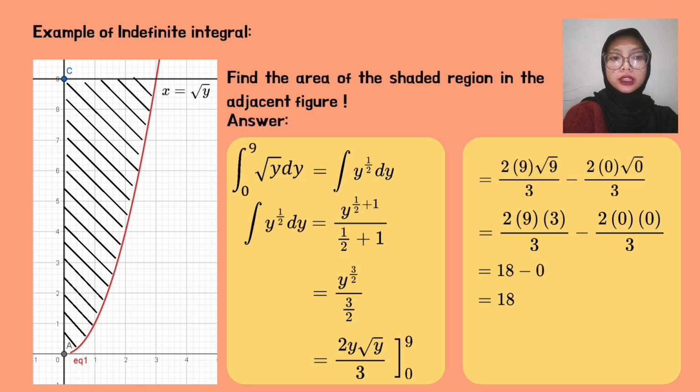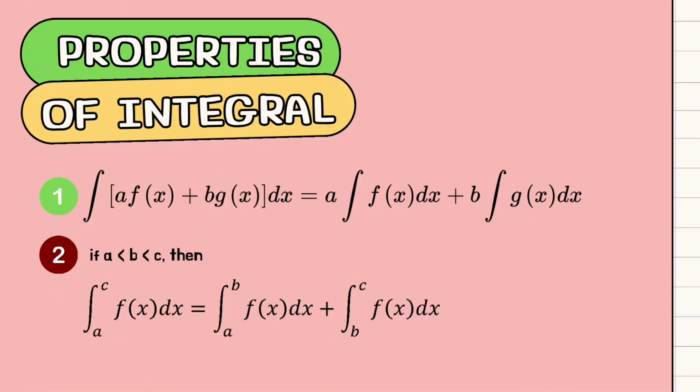Now, we evaluate the definite integral, using the upper limit 9 and the lower limit 0. 2 times 9 times square root of 9 over 3 minus 2 times 0 times square root of 0 over 3. So, the result is 18. Therefore, the area of the shaded region is 18 square units.